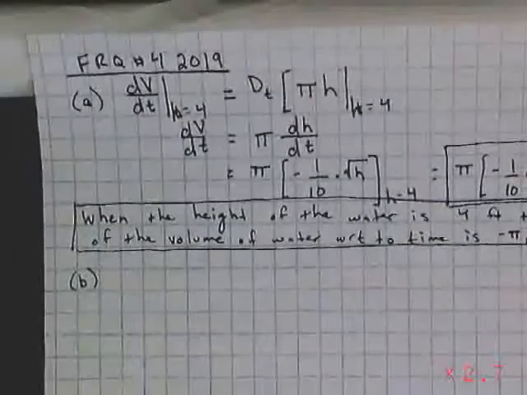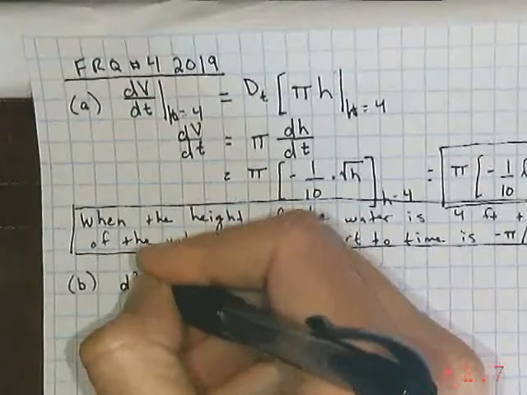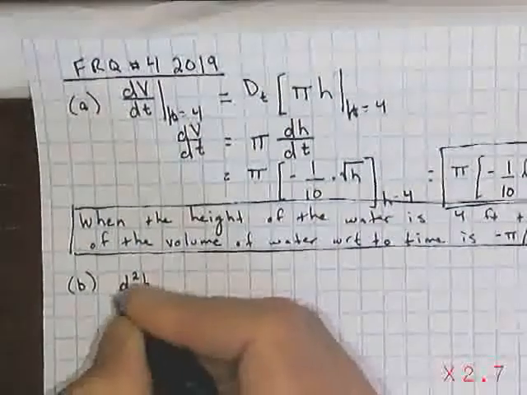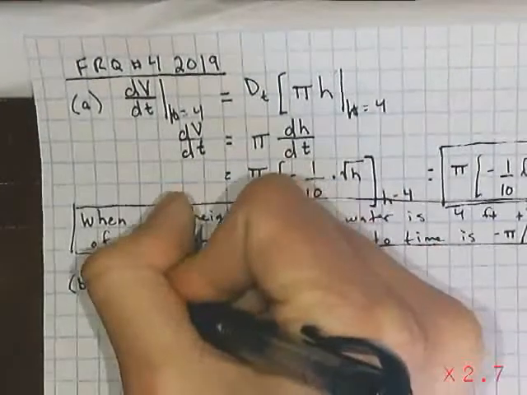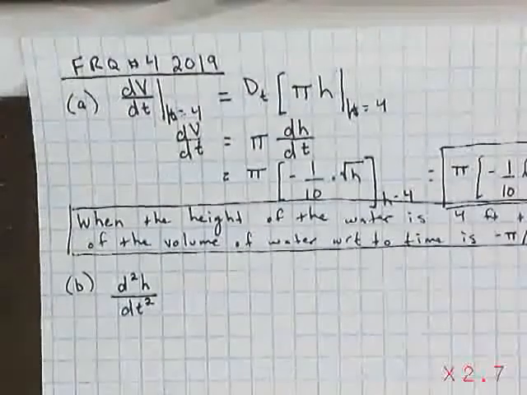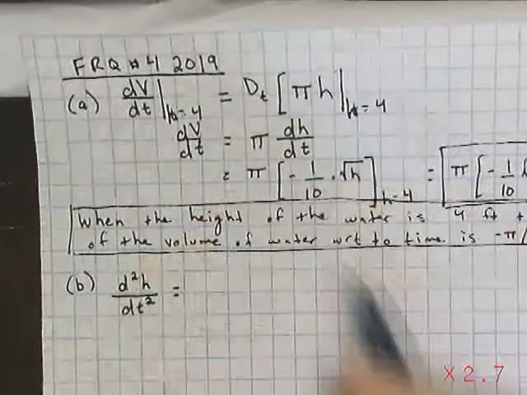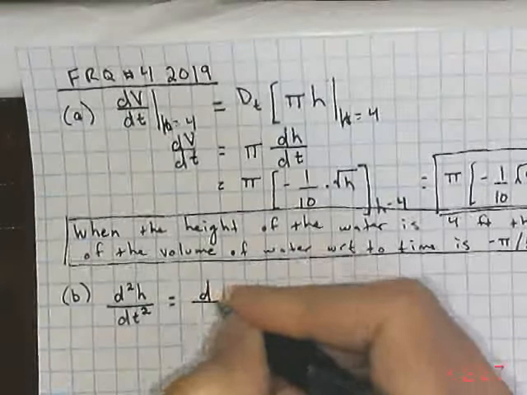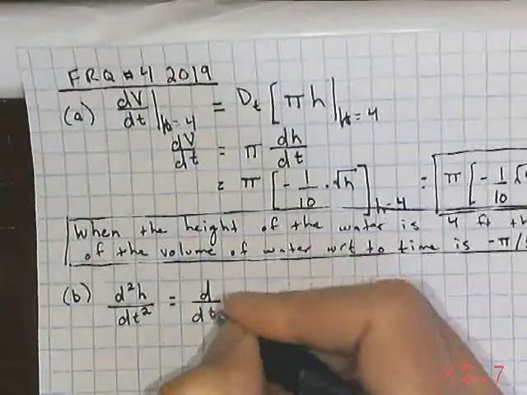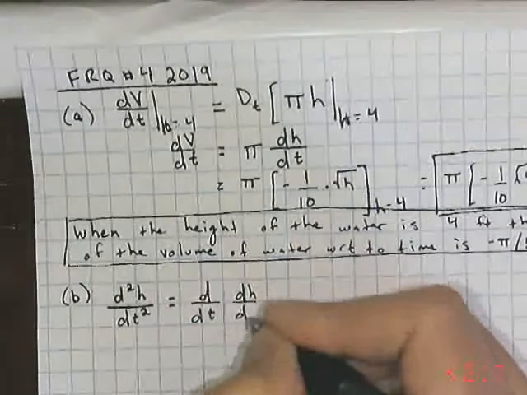So we want d squared h over dt squared, and this will be equal to d/dt of dh/dt.